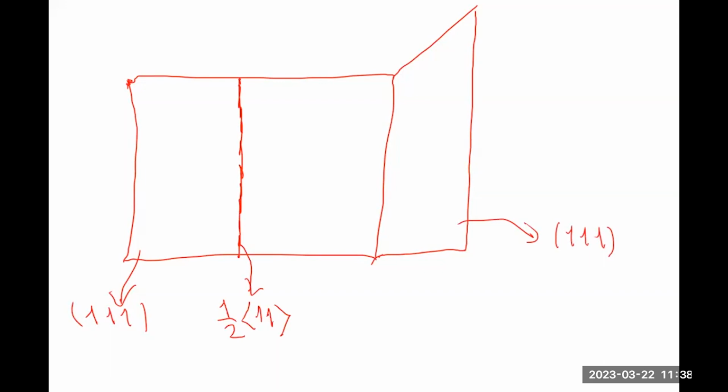Suppose we have one perfect dislocation on a 111 plane, and another perfect dislocation, again 1/2 110. Suppose we apply a shear stress.